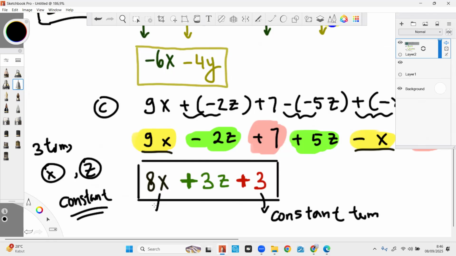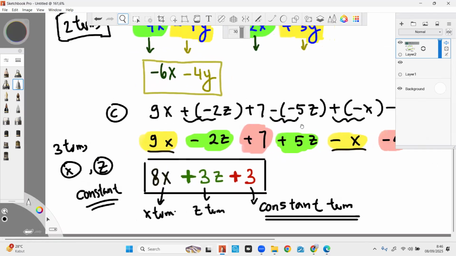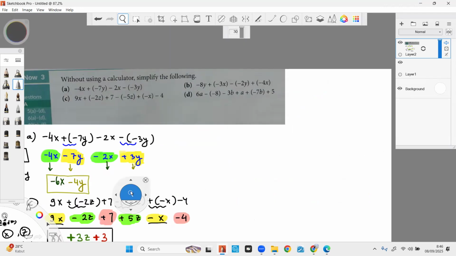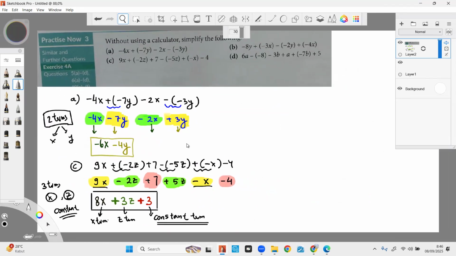This is the x term, the z term. With no letter, we say it is a constant term. New for you, right? Letter 1, letter 2, constant. So 3 terms. In this case, we have 2 terms only, which are x and y. First term, second term, or up to you. Now you have some time to practice Practice Now 3, questions B and D.